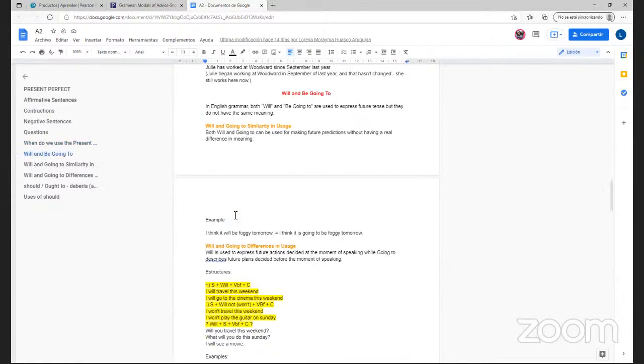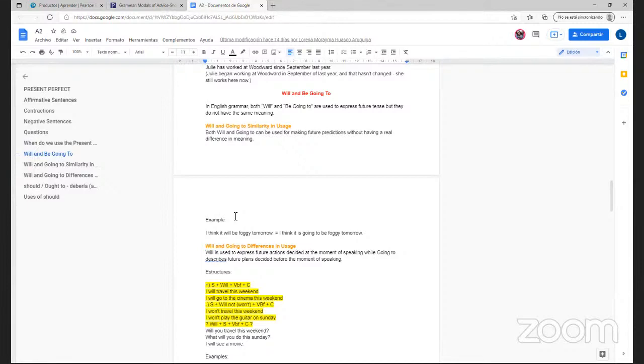Will and be going to, we're going to use it for future. Only for future, but these are two auxiliaries. Will is one, and be going to is the other one. But what is the difference between these two auxiliaries in future?